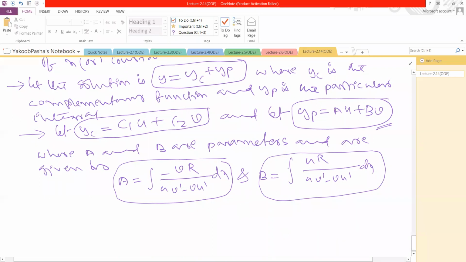You can use these two formulas to find A and B. A is not a constant; sometimes it is a function of x also.